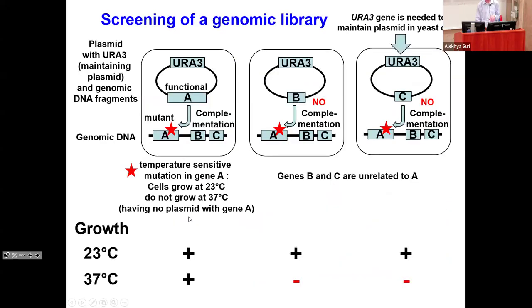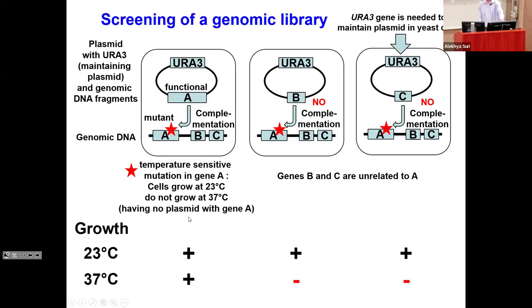Why is this? So here we have three different examples. So we have a cell with genes A, B, C on the chromosome. Gene A has a mutation. B is not affected, C is not affected.